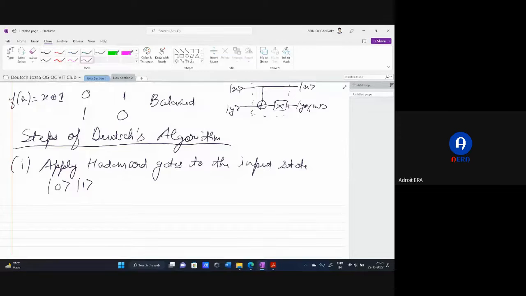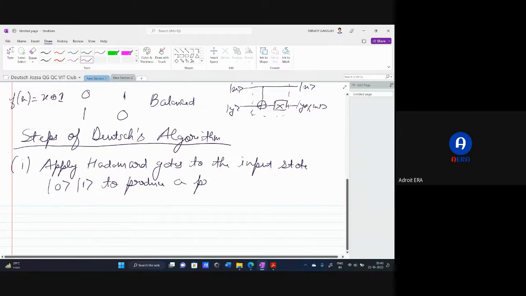The first qubit is defined in ket 0, the second qubit is defined in ket 1, to produce a product state, basically a tensor product state of two superpositions.